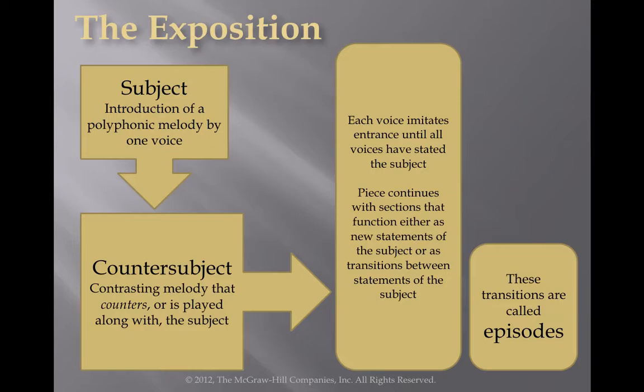So once again, an exposition begins with a subject, the first introduction of the melody, and then the second, third, and fourth melodies come in after that in succession. Those are all called counter subjects. And once all of those subjects are stated, they come to a bit of a stopping point, a bit of a transition that is called an episode.